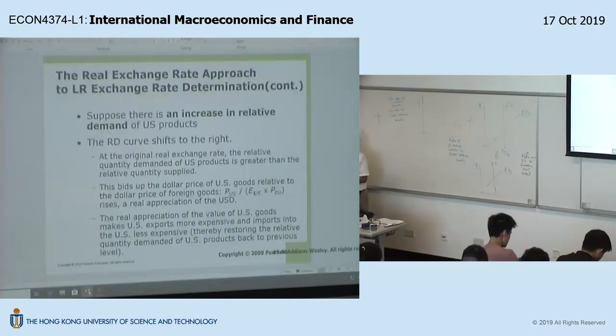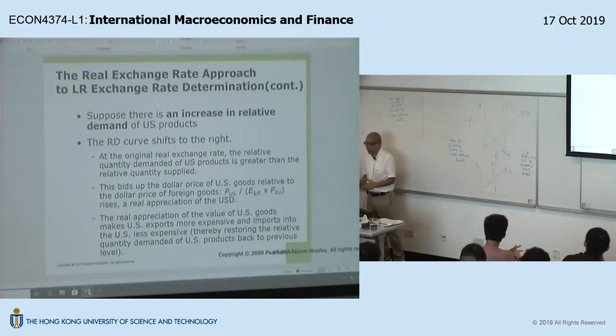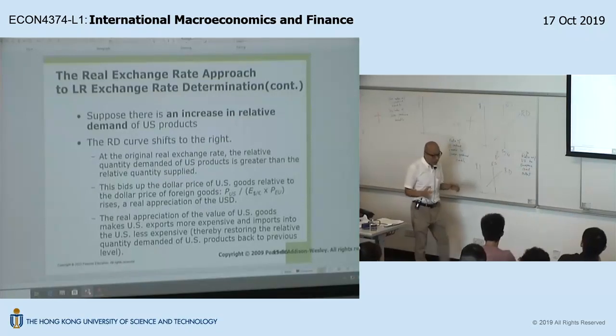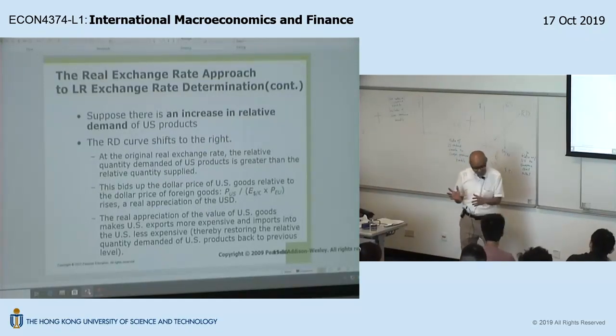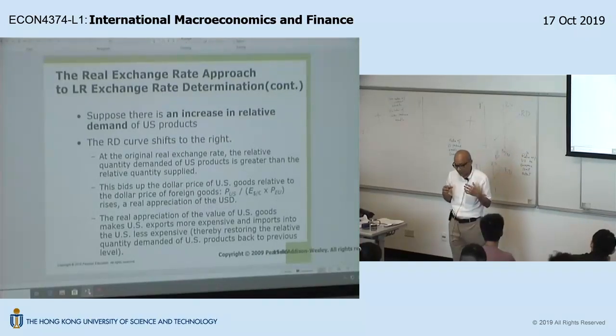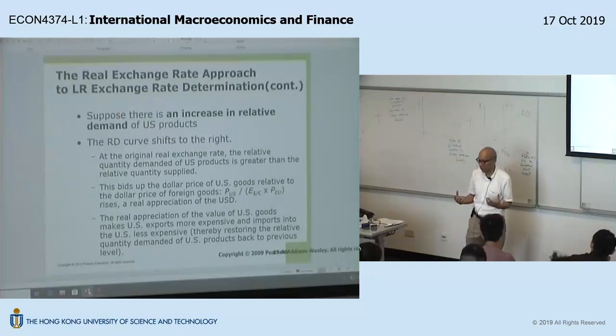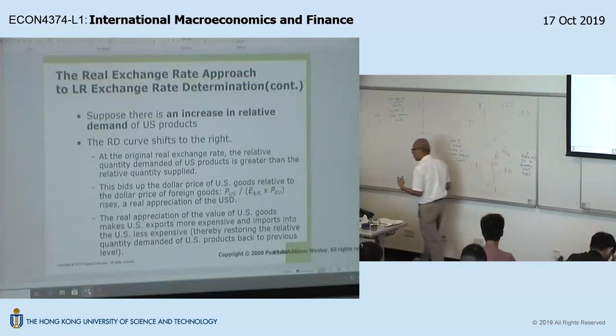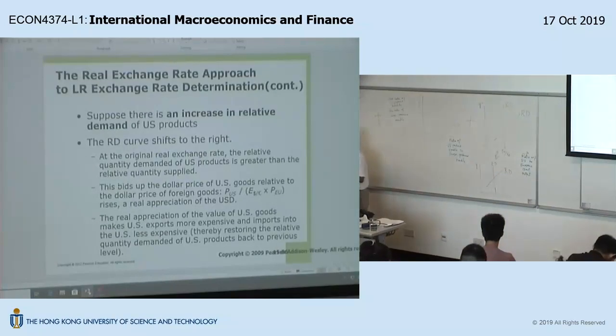I think the rest is pretty easy to understand, right? You shift to the right. So if there is an increase in global demand for your home country's produced goods, it will lead to a real appreciation of the currency in the long run. Your goods become more expensive relative to other countries.